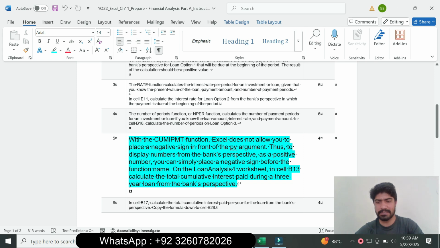On the Loan Analysis 4 worksheet, in cell B13, calculate the total cumulative interest paid during a 3-year loan from the bank perspective.